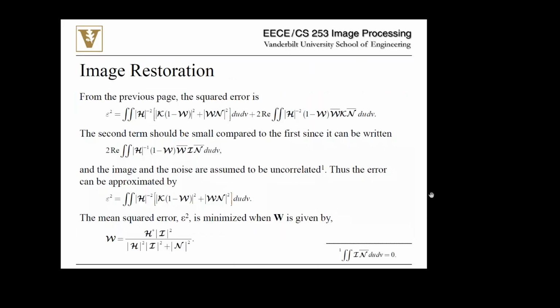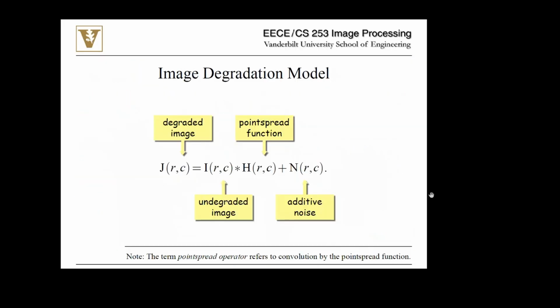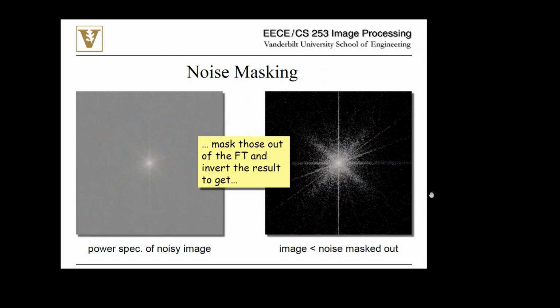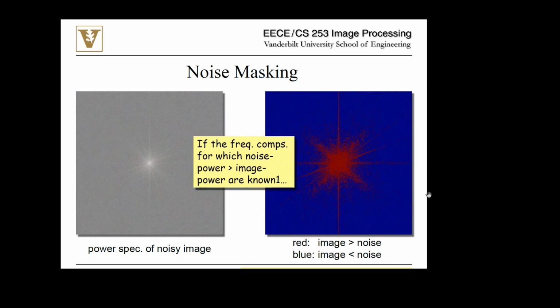You don't have to tell me exactly what I and N is for every point. You only have to tell me the ratio of these two. So I'm asking for a little bit less information.